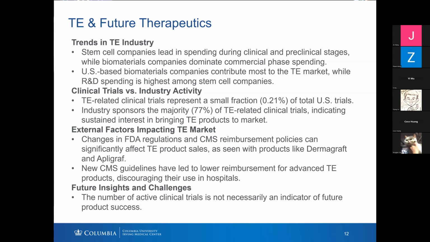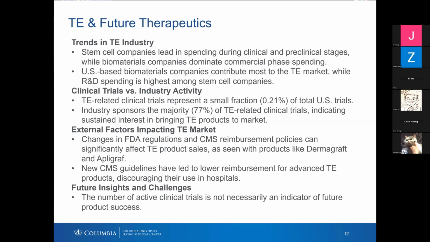And so this is an industry that is really heavily connected to the academic world, highlighting a strong commitment to advancing TE products to the market. And it's also one of the industries that is most heavily capitalized, if that makes sense, from your academic labs.